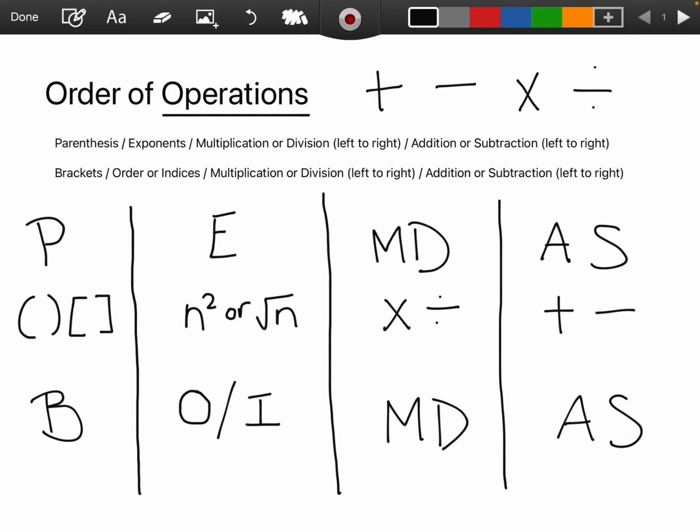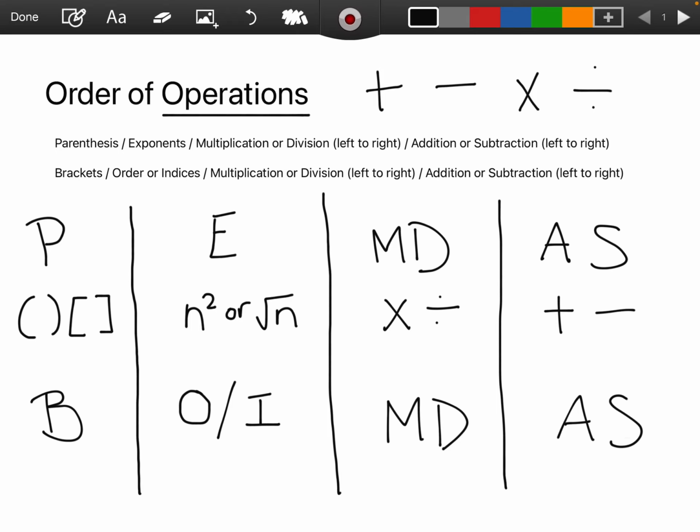Just because multiplication comes before division in the acronym does not mean that you have to do multiplication before division. You have to do whichever comes first from left to right. So if you see division before multiplication, you have to do division first, but I'll show you that in the example.